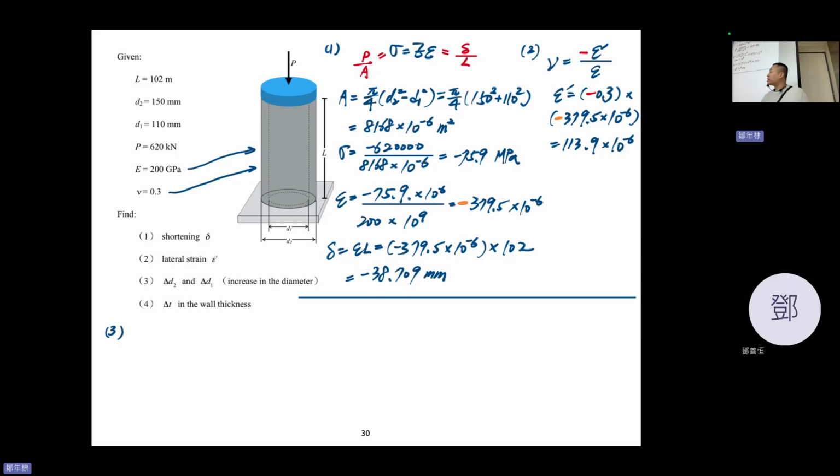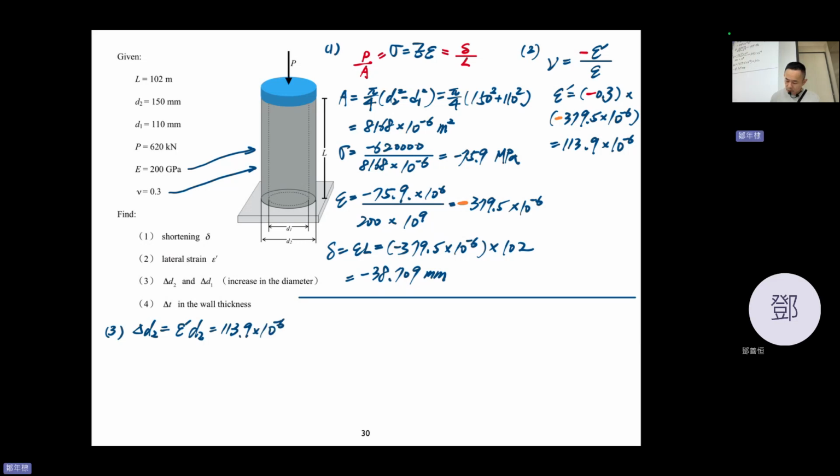The next one, delta D2 and delta D1, the increase in the diameter. Let's take a look. Delta D2 is the displacement or length change of the diameter. So you can just multiply epsilon 1 times D2, the original length, and you can obtain delta D2.